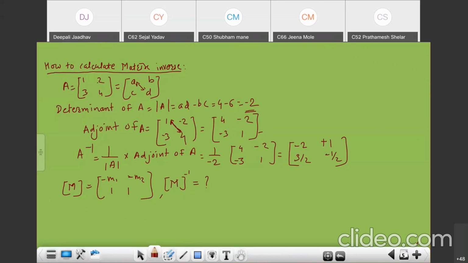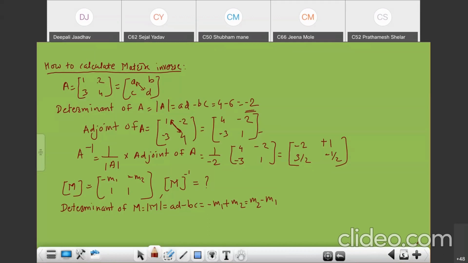First, we need to find the determinant of M. ad minus bc. So ad means minus m1, and minus times minus m2 means plus m2. For simplicity, you can write it as m2 minus m1. So that is the determinant of M.